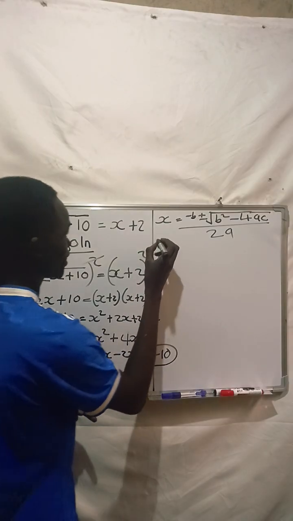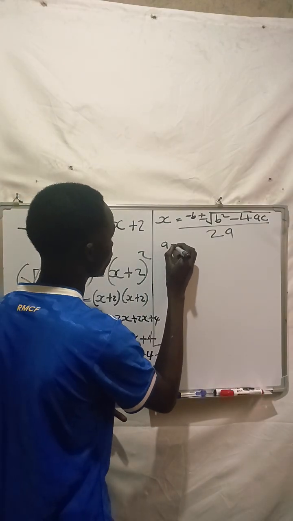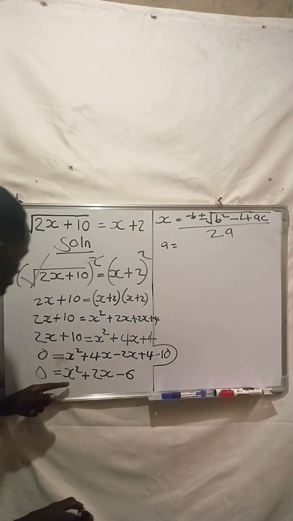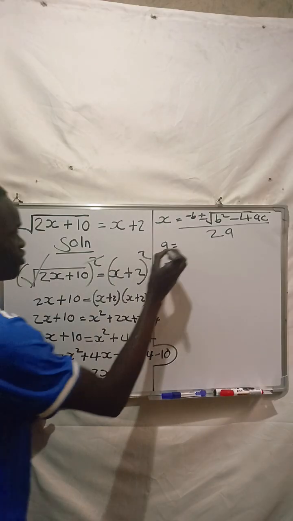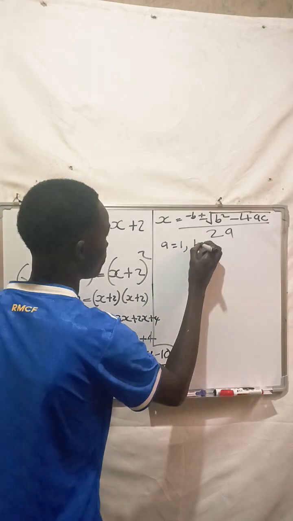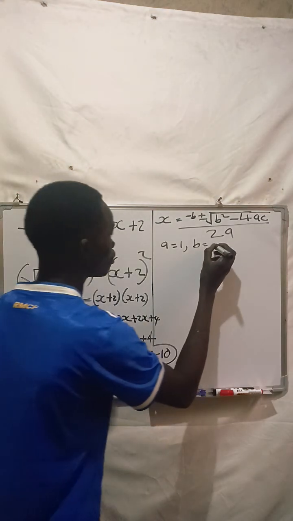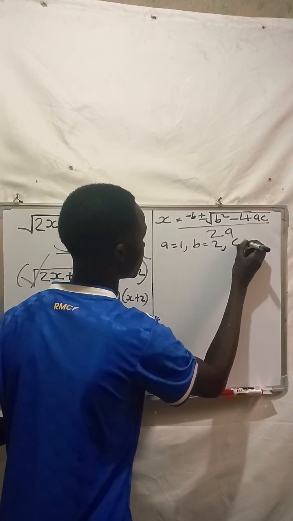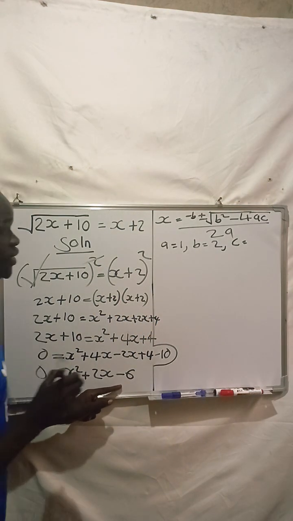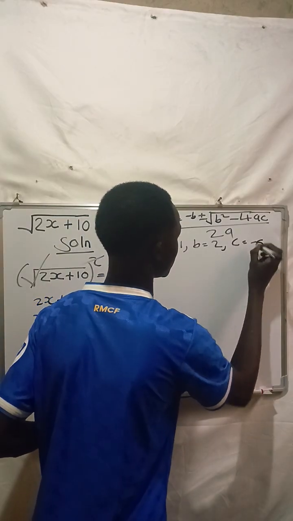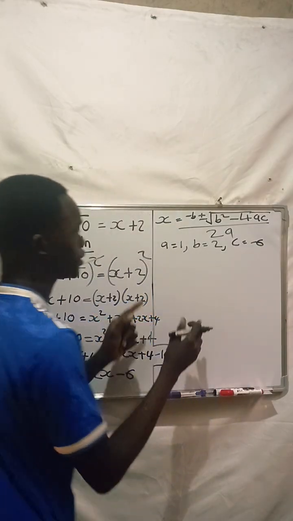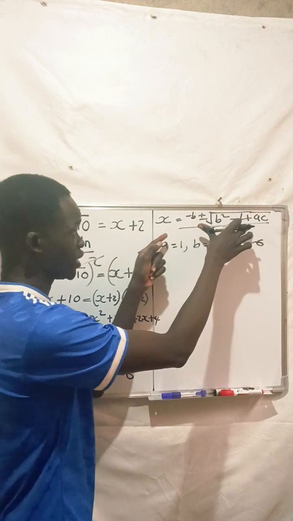So now let us have our a equal to positive 1. How about our b? Our b here is 2. How about our c? Our c is minus 6.